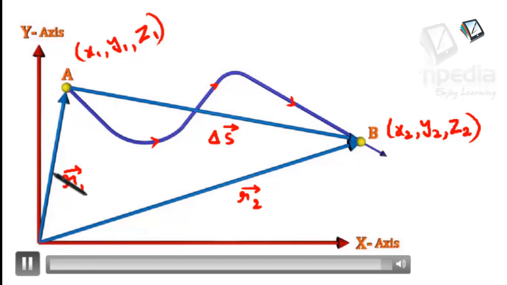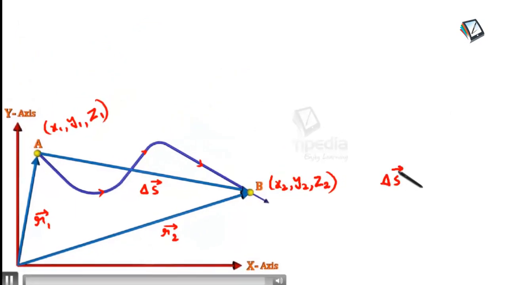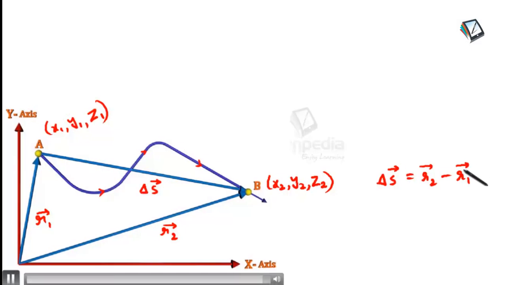And using the triangle law of vector addition, we can easily write that r1 vector plus delta S vector is equal to the r2 vector. That means delta S vector is equal to r2 vector minus r1 vector. That's it, of a particle.